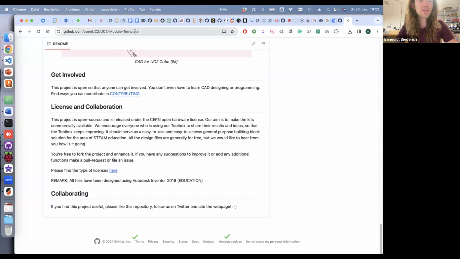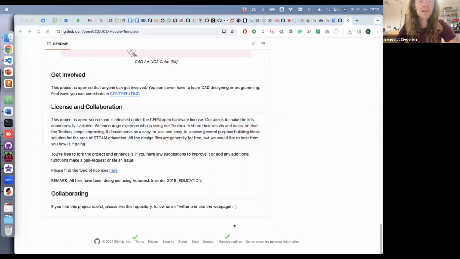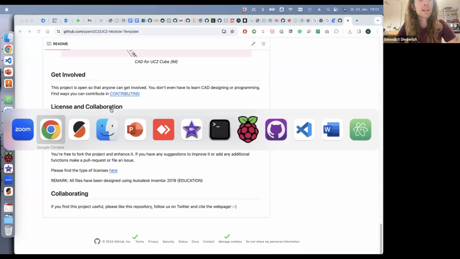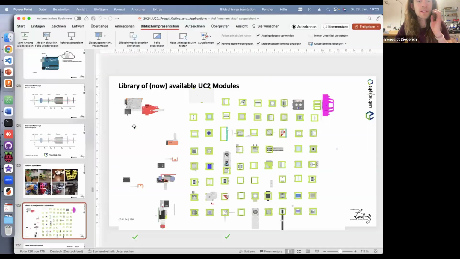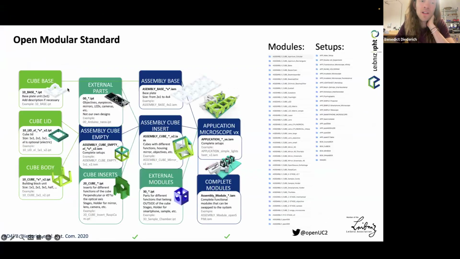So I invite you, maybe I just share the link also in the chat here, just in case somebody wants to look at it, and continue the slides here to give some more ideas of what you can do, because it's modular in the sense that you can essentially add whatever you like.